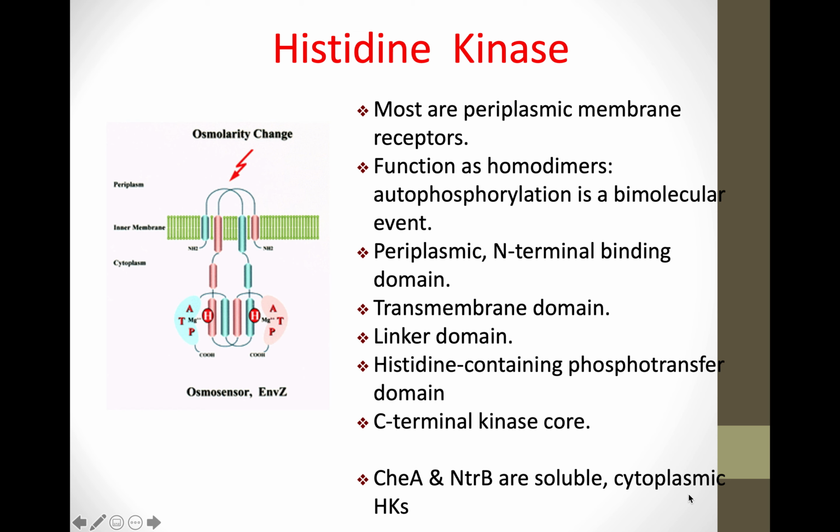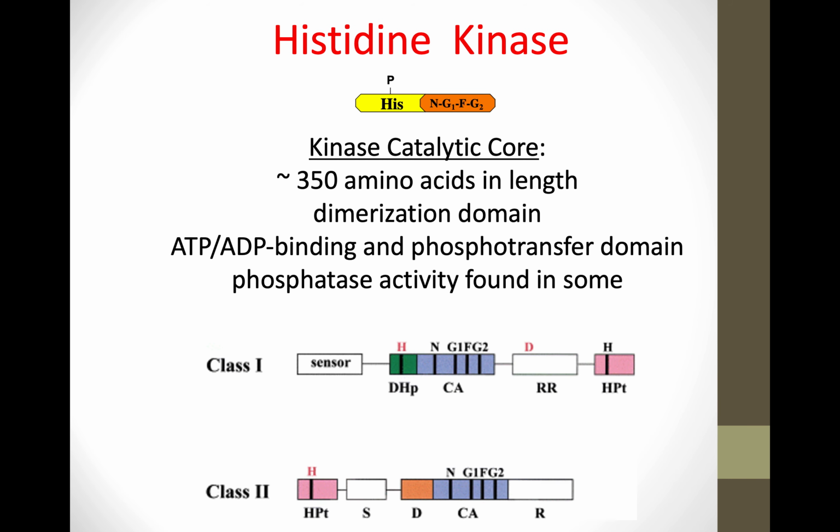Apart from that, there is also a transmembrane domain, the one here, that will receive the signal, and it also has a linker domain and a histidine-containing phosphotransfer domain, which is over here. It also has a C-terminal kinase core, and some of these, for example CheA and NtrB, are soluble cytoplasmic histidine kinases, but not all of them are as such.